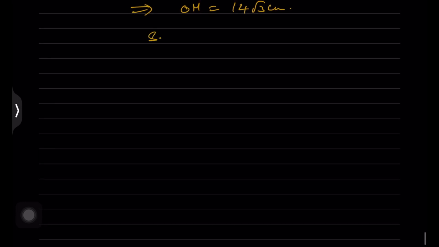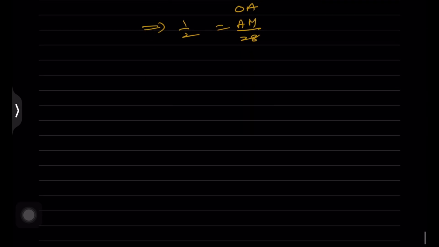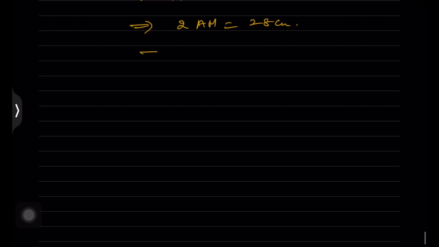Now sin 30 is equal to AM by OA, which implies that half is equal to AM by 28. So AM is equal to 14 centimeters, which implies 2 AM is equal to 28 centimeters, which implies that AB is equal to 28 centimeters.